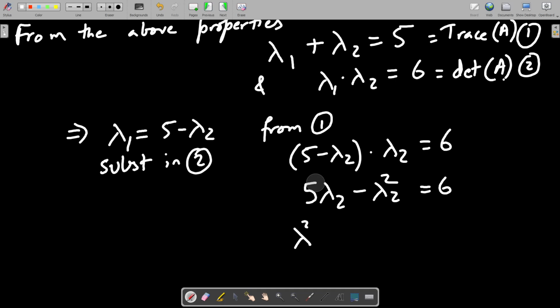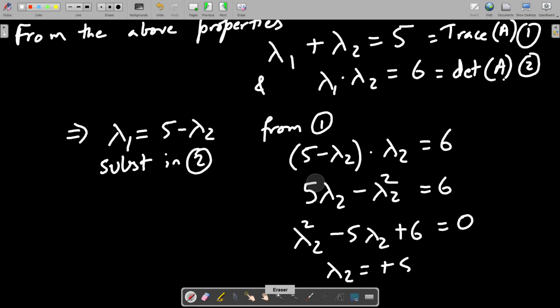Just rearranging these terms on the other side, and finding the roots of this equation, you'll get lambda 2 is equal to minus b plus or minus the square root of b squared minus 4ac, which is going to be 24 over here, upon 2 times a, that is 2.